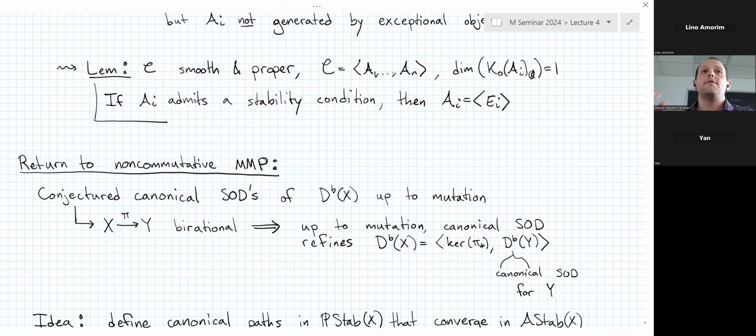Basically the key property is that if you have a birational morphism of smooth projective varieties, then you have this refinement property: up to mutation, the canonical SOD for D^b of X refines what you get by taking the kernel of pi star, which maybe breaks up into more pieces too, and the canonical semiorthogonal decomposition for D^b of Y. The conjecture is that this canonical mutation equivalence class of semiorthogonal decompositions refines the one that you get from combining them like this.